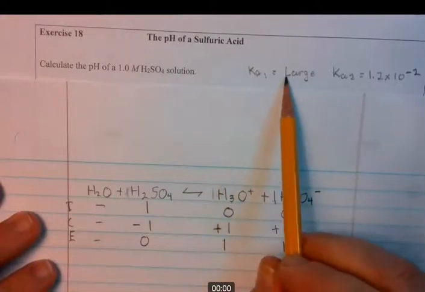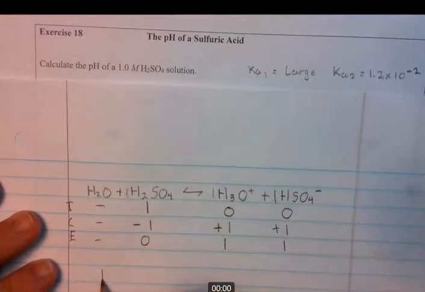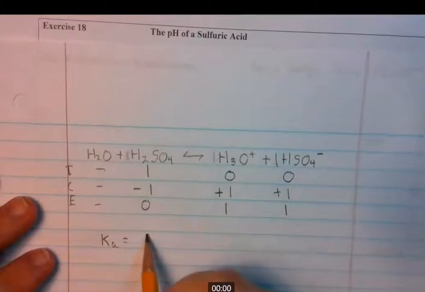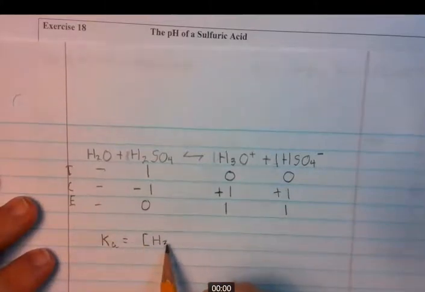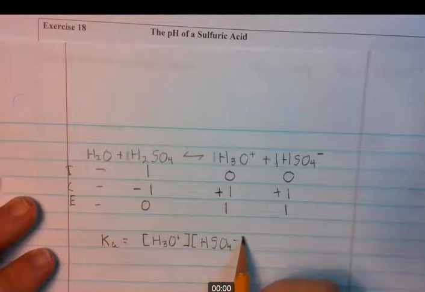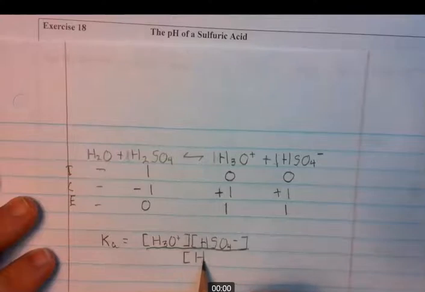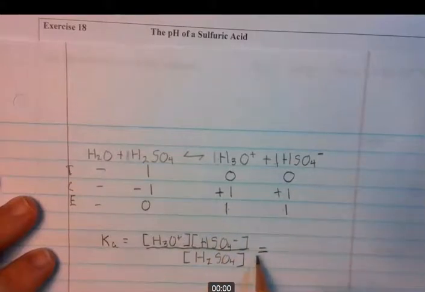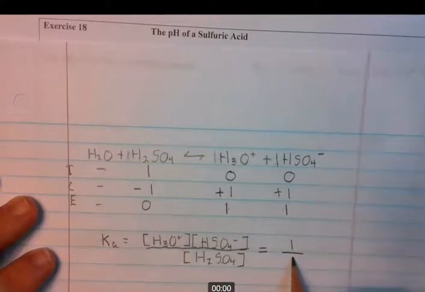And that's very large. Why? Well, let's go ahead and write the law of mass action for this. And it's going to be this. Okay, so this is 1, and this is 1, and this is now 0. So if you do that, you have 1 times 1 is 1 over 0.